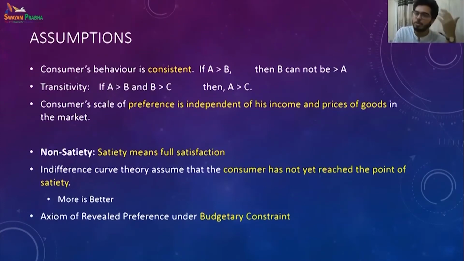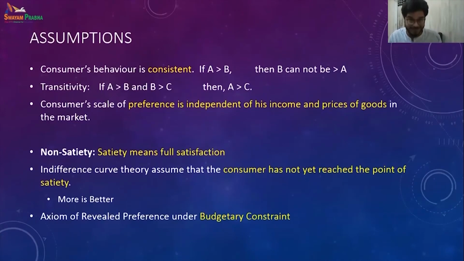Then the consumer's scale of preference, whatever their preference, is completely independent of whatever I am earning. So if it is Ambani, he can like Rasgulla, he earns in crores. If it is me, I earn only 10,000 rupees in a month, I can also like Rasgulla.